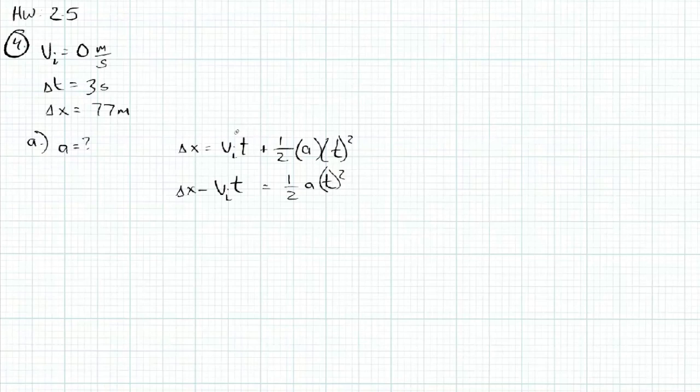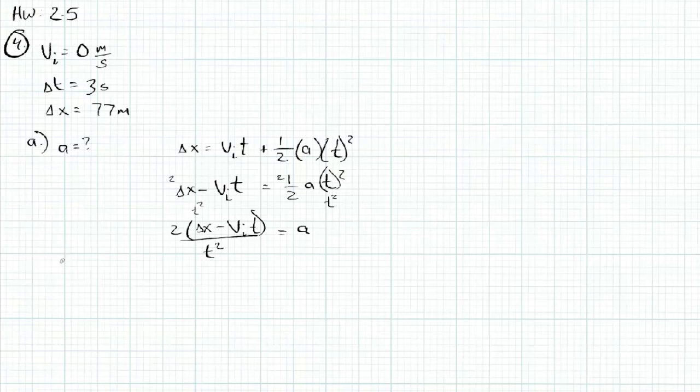Then I'm going to divide by t squared on both sides, and multiply by 2 on both sides to get rid of that 2 in the denominator. So our final equation for A is 2 times delta x minus VI times t over t squared is equal to our acceleration A.